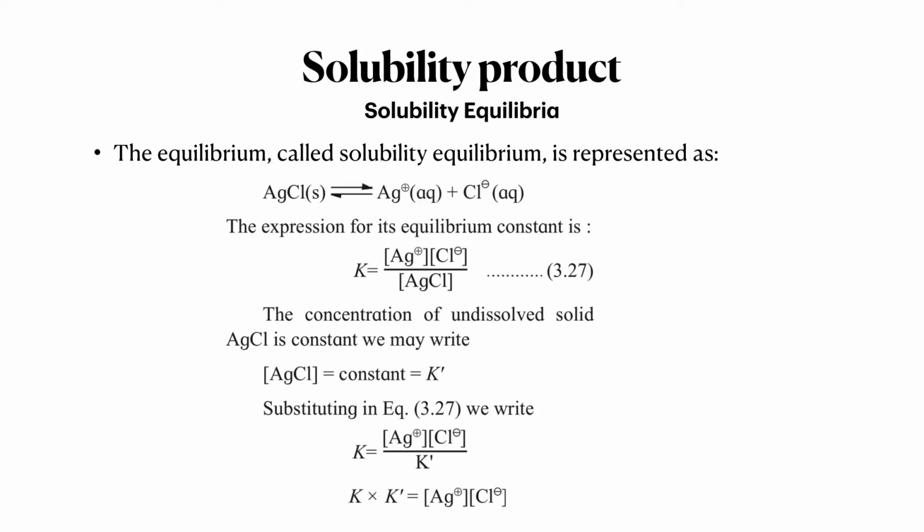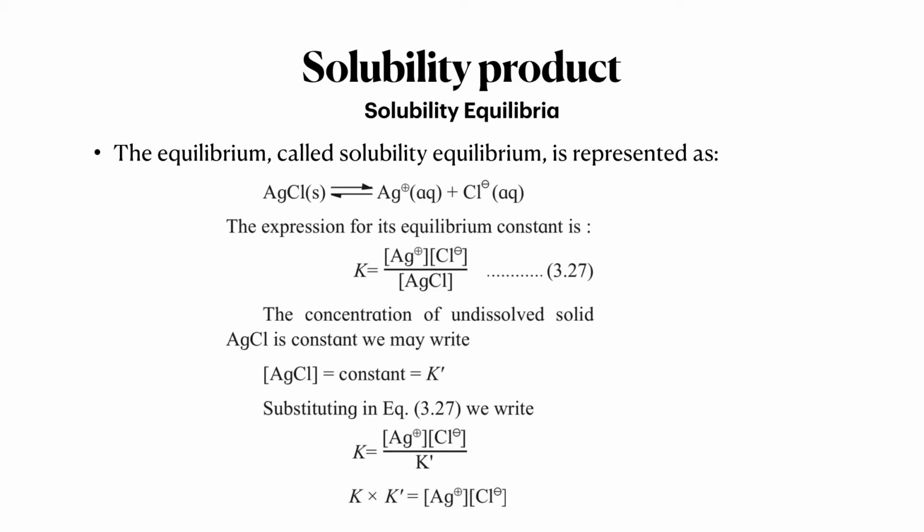The ones that dissociate will dissociate completely as Ag plus and Cl minus, and many of the AgCl molecules will be undissolved, that is, they will be in the undissociated form simply as AgCl. Therefore, there will be an equilibrium between the undissolved solid AgCl and the dissolved ions Ag plus and Cl minus.